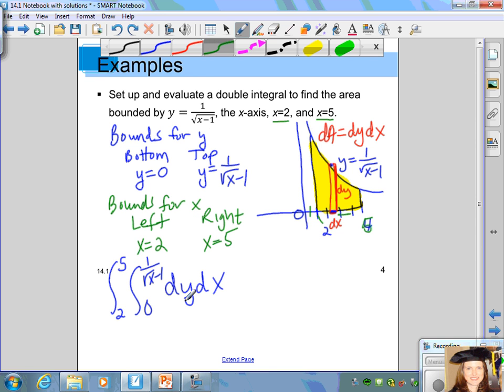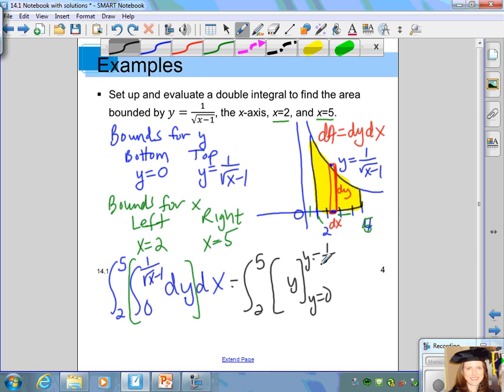You want to do the inside integral first. The differential is dy, and the antiderivative of dy is y. The outside is from 2 to 5, and then we evaluate the inside: y from y equals 0 to y equals 1 over the square root of x minus 1, and then it's our dx.